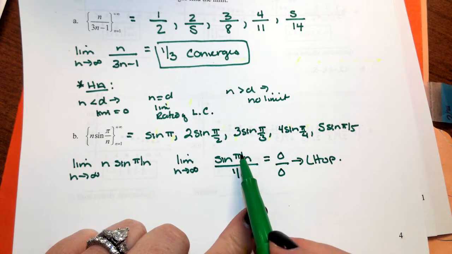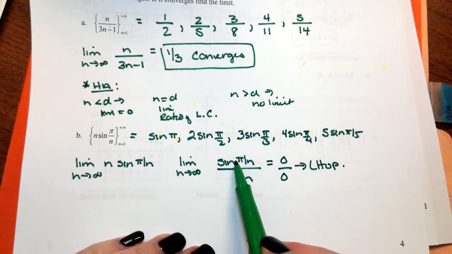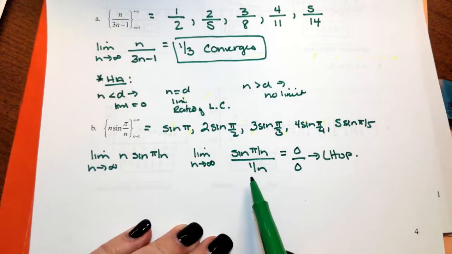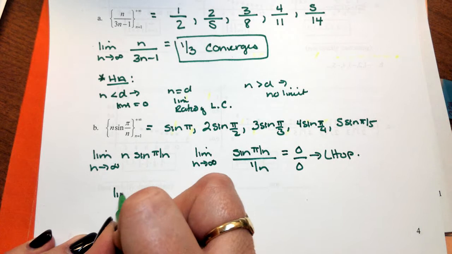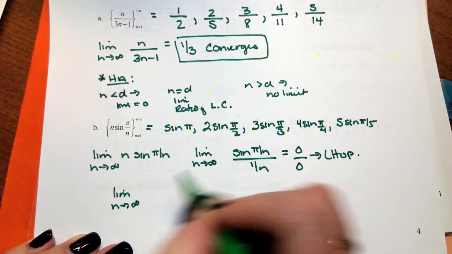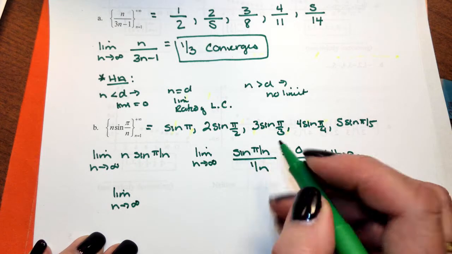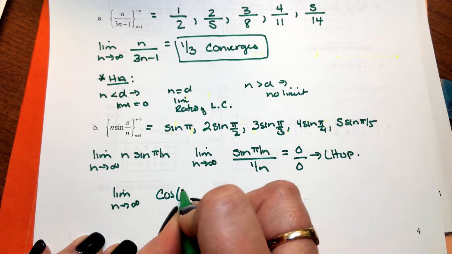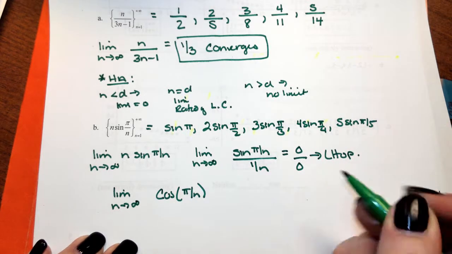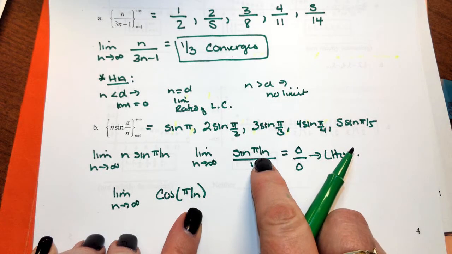Remember, with L'Hopital's rule, I'm going to take the derivative of the numerator and divide it by the derivative of the denominator. So I have the limit as n goes to infinity. Now to find the derivative of sine pi over n, you're going to have to apply your chain rule. The outer function is sine, so that's going to be the cosine of pi over n, times the derivative of the inner function.